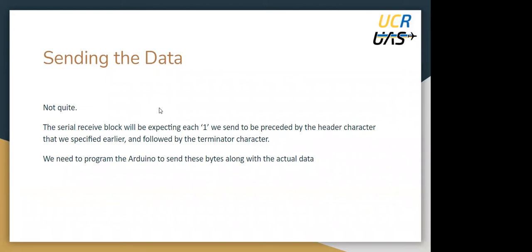So it's going to be expecting each individual 1 we send to be preceded by a header character, which in this case is a capital letter G, and then followed by the terminator character, or the new line character in this case. We're going to need to program the Arduino to send these bytes along with the actual data.